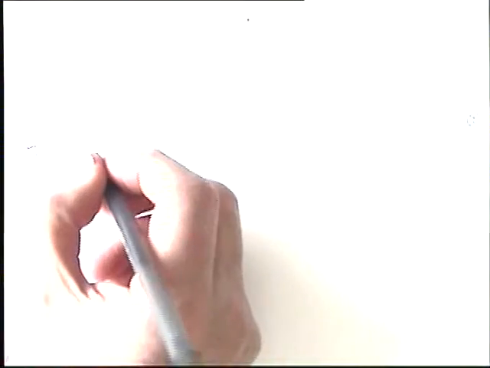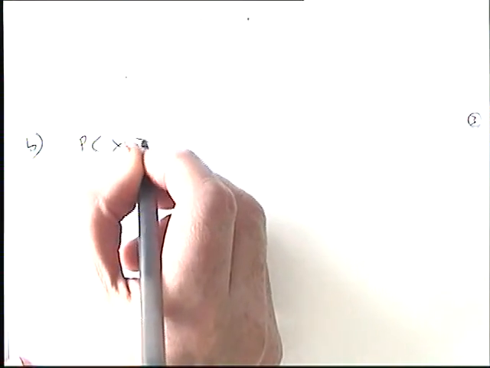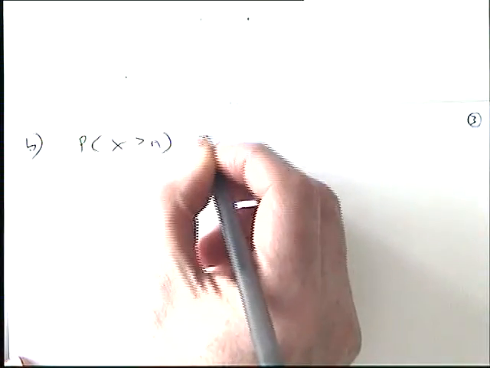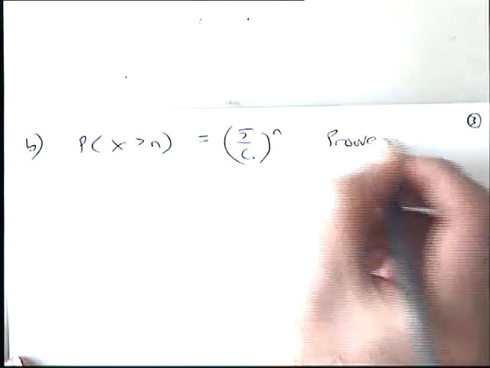We can run through it though, because it says we've got to do it as a proof. So they say prove the probability that a person requires more than n attempts is 5/6 to the power of n, and that we have to prove. That is our command.